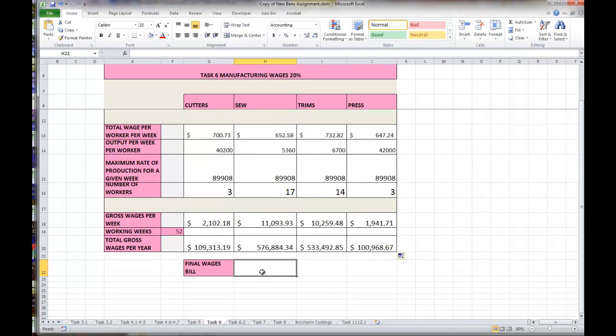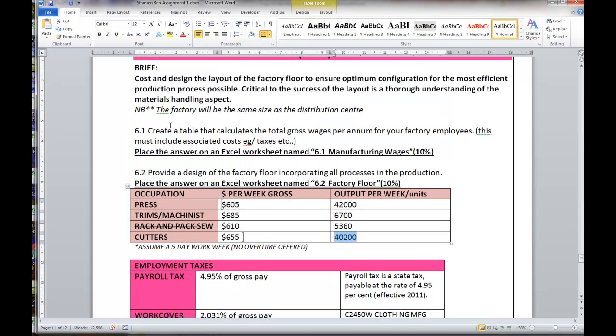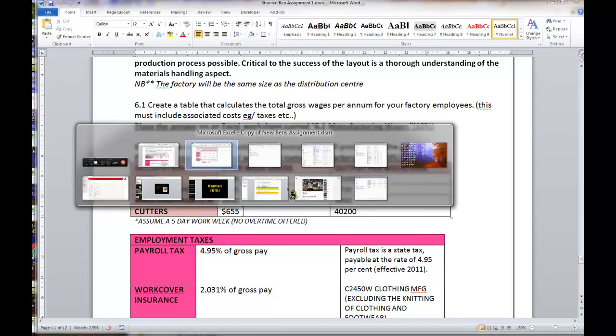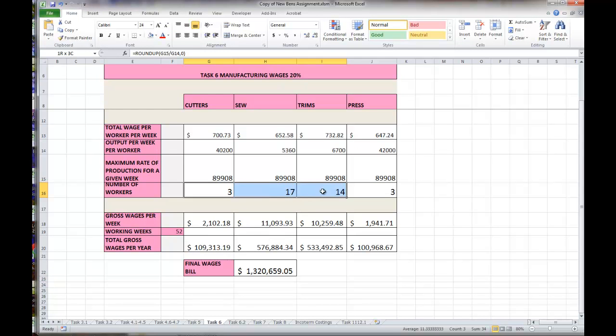So my total final wages bill is total wages for cutters, sews, trims and press together, and that 1.3 million is the answer to 6.1. Now to do 6.2, we need to take note of these 4 numbers there.